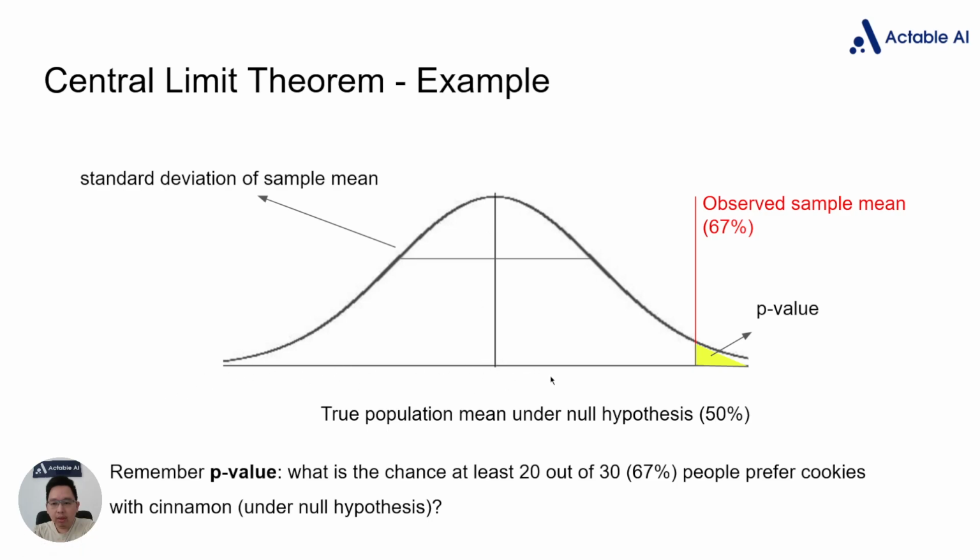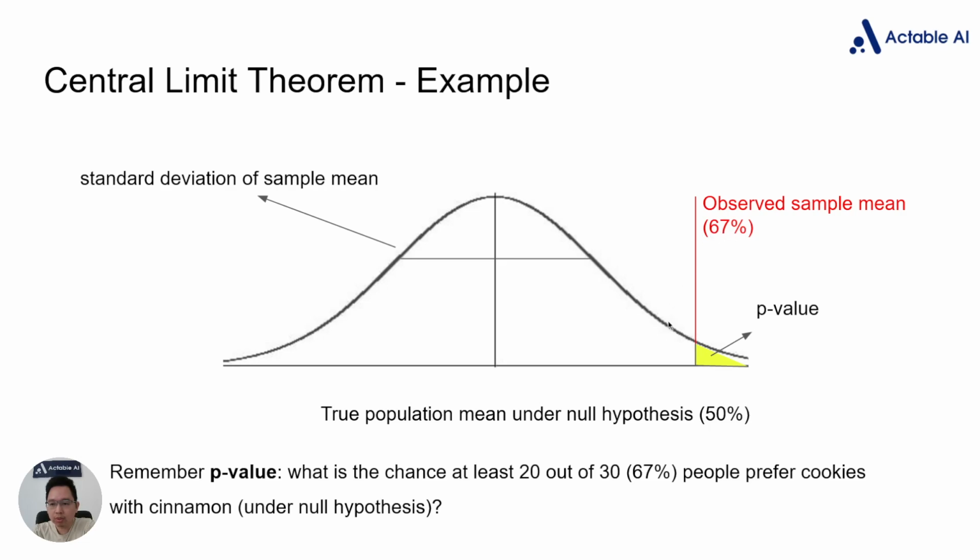We know that this observed sample mean will be distributed in a normal distribution, with the mean of 50% under the null hypothesis. So if the null hypothesis is true, the observed sample mean will be distributed in this bell curve shape with this mean.